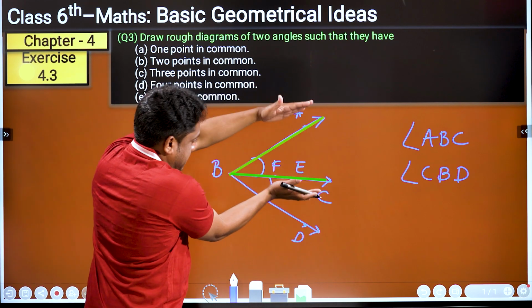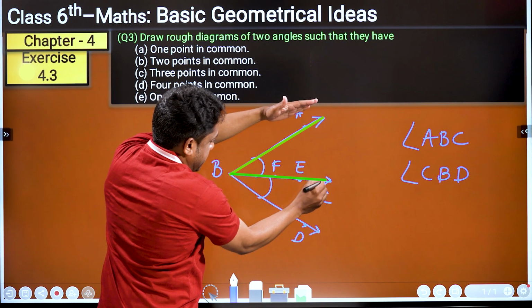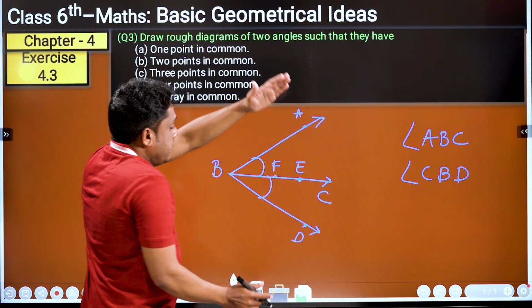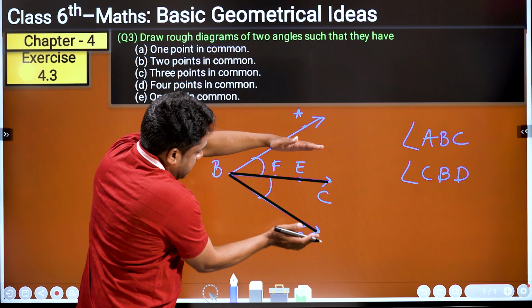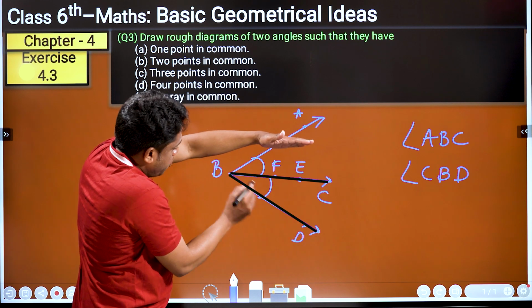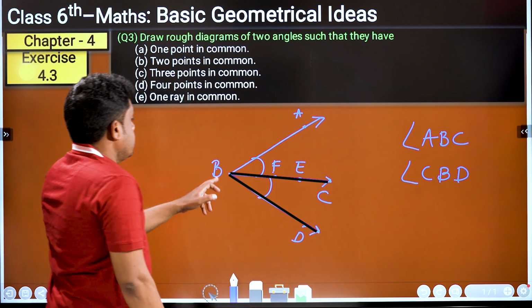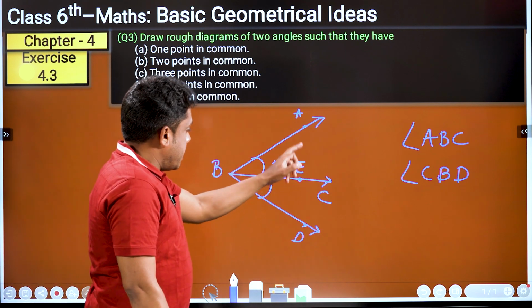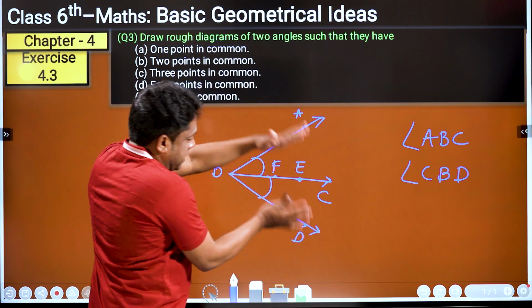We have B, F, E, C. 4 points are there here. If you consider the second angle, that is CBD, you have B, F, E and C again. That means the points B, F, E and C are common for both of these angles.